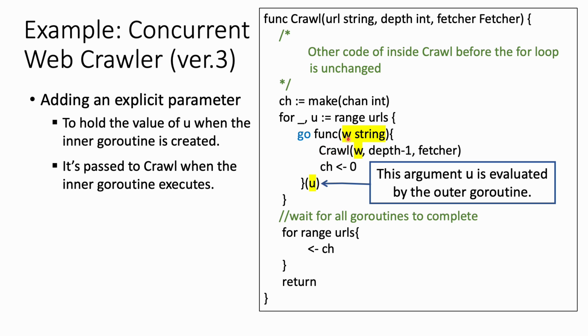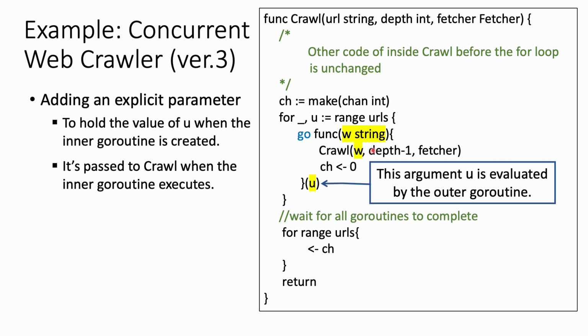Parameter w holds that value of u when the inner goroutine is created, and it belongs to the inner goroutine only. That value of w is passed to the recursive call to crawl when the inner goroutine executes.